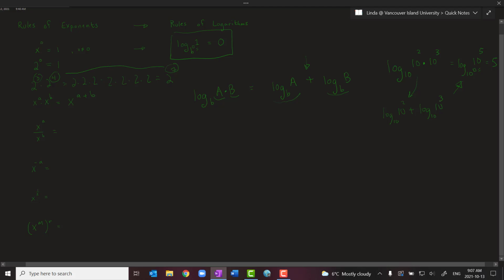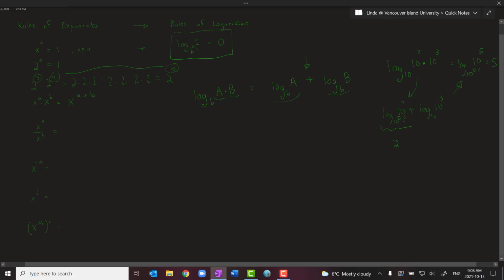So the product becomes a sum. And then we can think here, what power do I have to raise 10 to turn it into 10 to the 2? Well, 2. And this almost feels weird, like it's already showing what I have to raise the 10 to make it 10 to the 2.